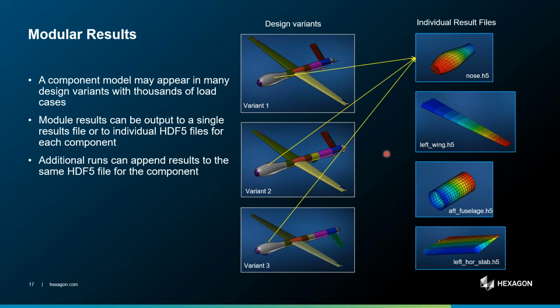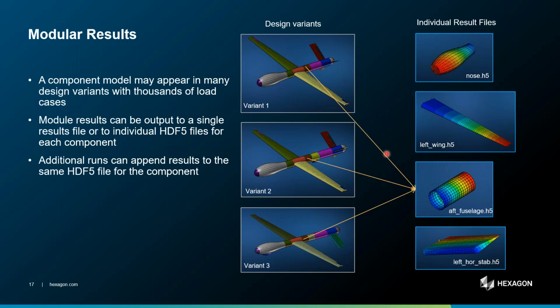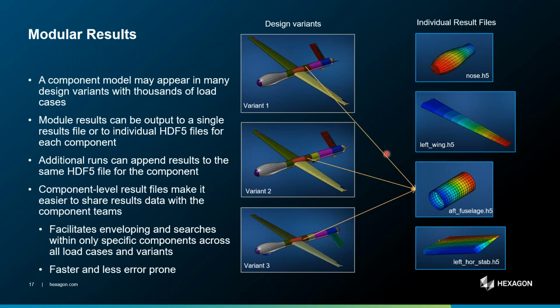For additional runs for additional variants or additional load cases, the results can be appended to the already existing HDF5 file for that component. And that's significant because these component level result files make it easy for me to share results with the component teams, and also facilitate enveloping and searches within only a specific component.